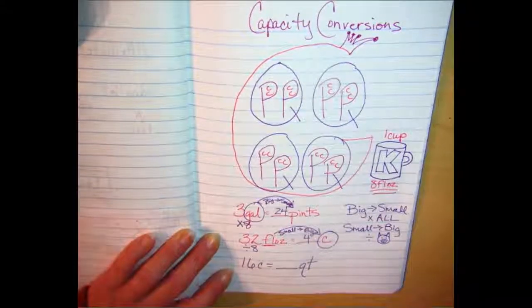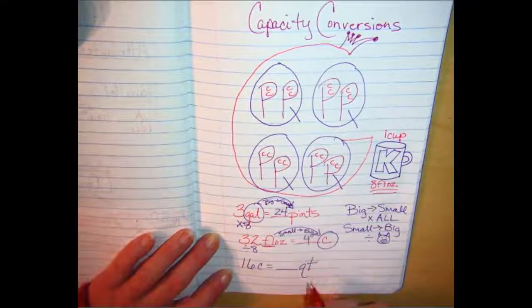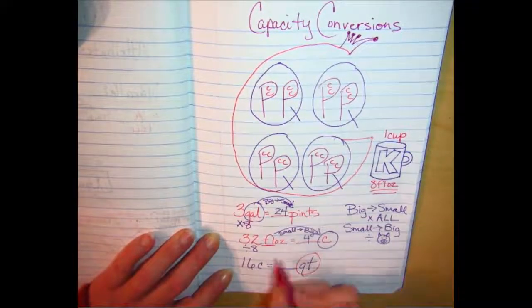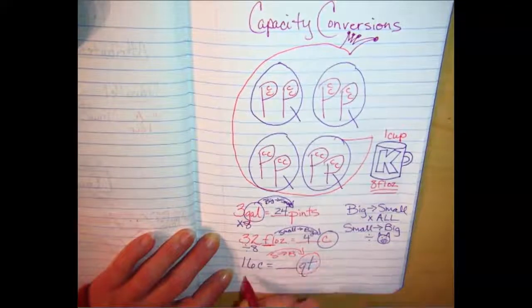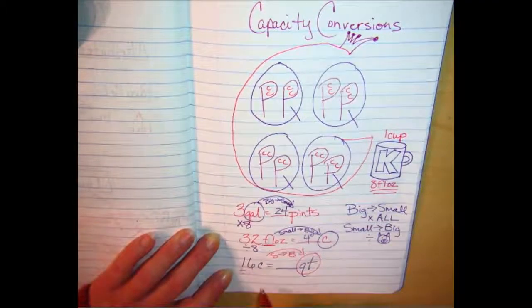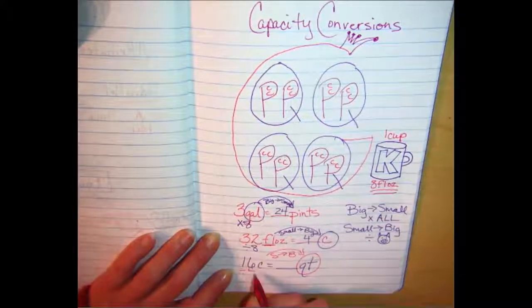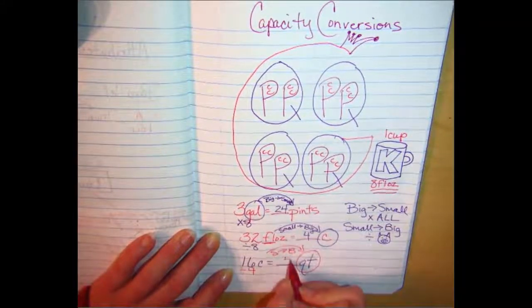Am I going small to big or big to small? The quart's my big. I'm going small to big, so I divide the pig. How many C's in a Q? 4. 16 divided by 4 is 4.